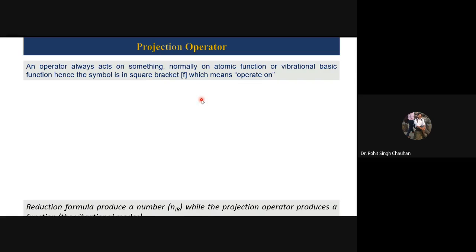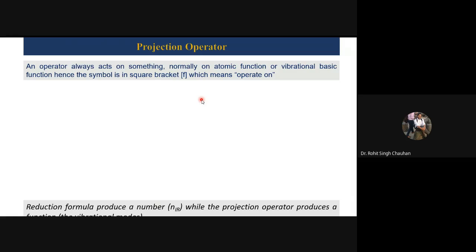Similarly, the source of light is the character table, right? The illuminating material is the projection operator, and after the projection operator, whatever information is projected on the screen, that is the MOT.